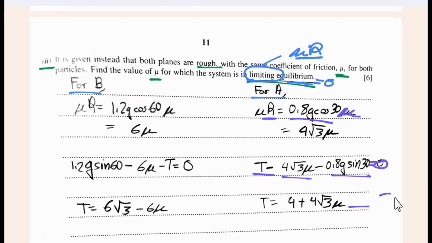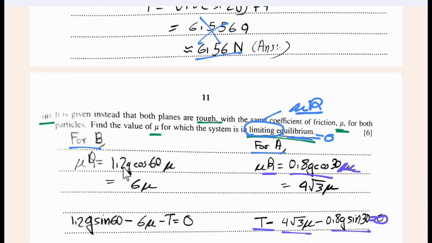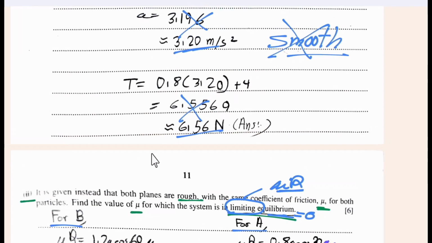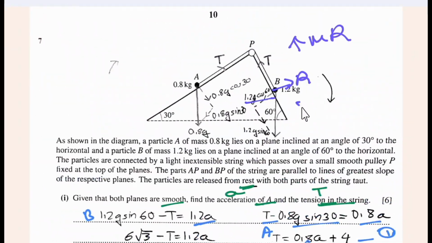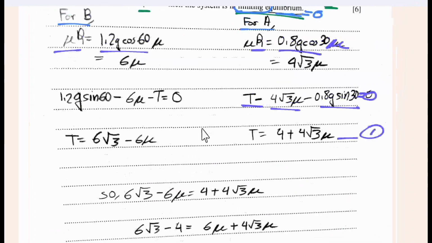So this is the first expression for A. For B, R is equal to 1.2 g cos 60, so mu R is 1.2 g cos 60 into mu. Since B is moving downward, the downward component of weight minus tension minus mu R is equal to mass into acceleration, that is forward force minus backward force.